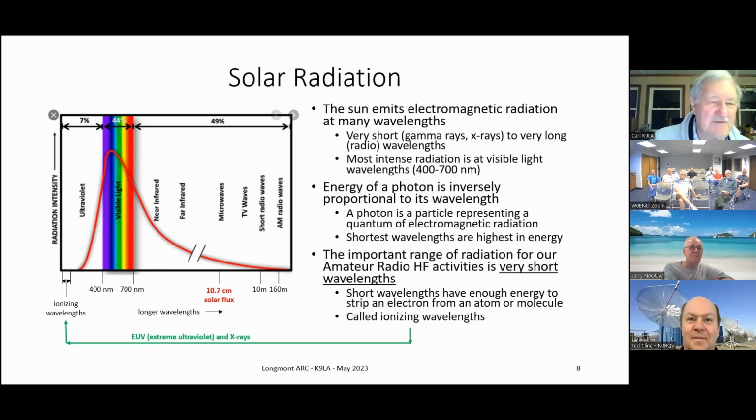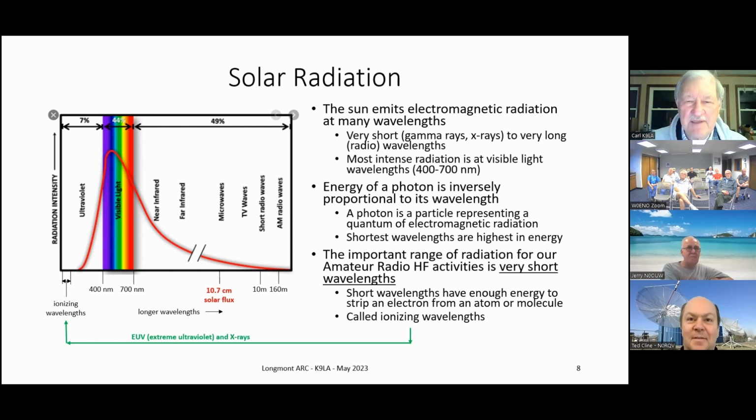Way on the left, to the left of ultraviolet, are the gamma rays and X-rays. And you can see you get into TV waves, microwave, shortwave radio, and those are the longer wavelengths. Most of the most intense radiation from the sun is at visible light wavelengths, which is about 400 to 700 nanometers. And of course, that's why our eyes adapted to the sun, I guess.